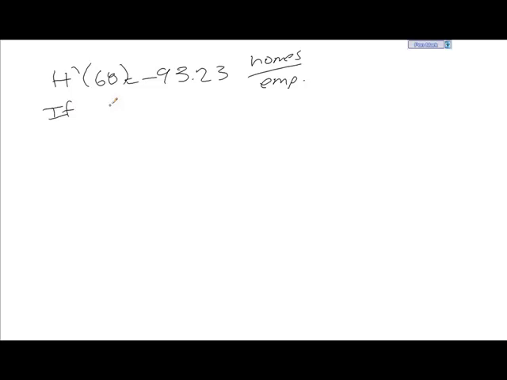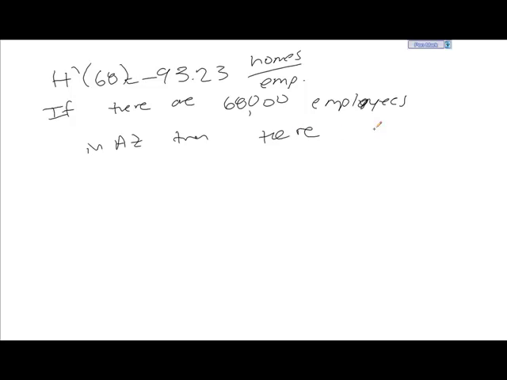If there are 68,000 employees in Arizona, now I believe these are government employees, then there is a decrease of 93.23 homes per employee.